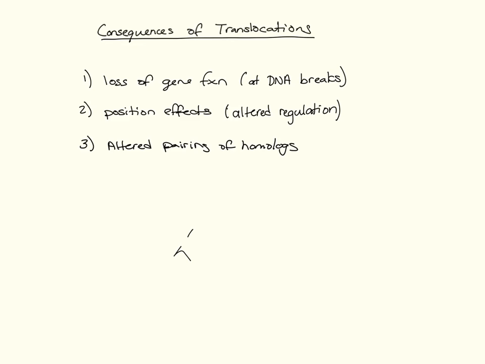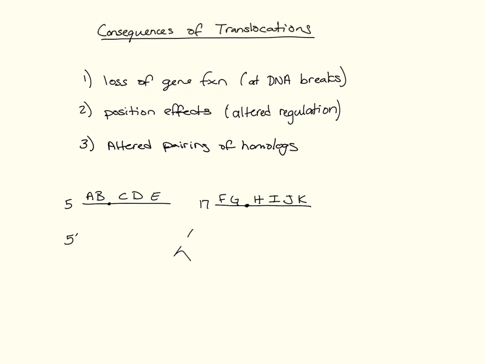So let's see what would happen if we have a translocation. Let's look at this. One copy of chromosome 5 would be normal. And we have over here chromosome 17. Let's just say it has these segments, F, G, H, I, J, K. And we'll have a second copy of chromosome 5.